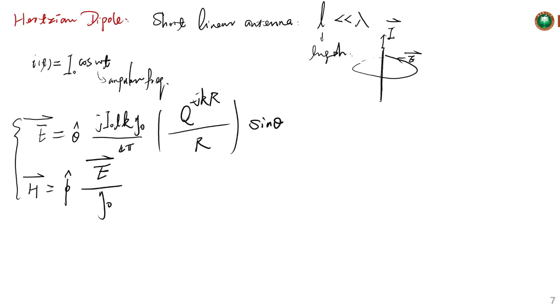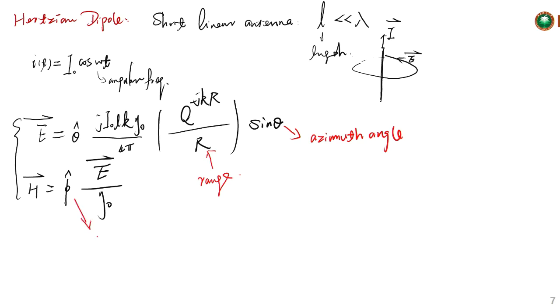Here we mention several parameters. The first one is R, the range or the distance of propagation. The second is theta, the zenith angle, and the third one is phi.